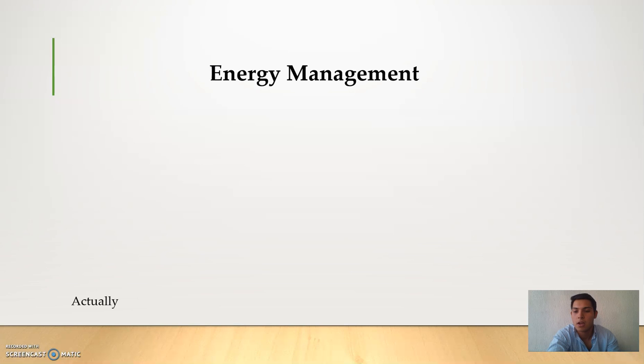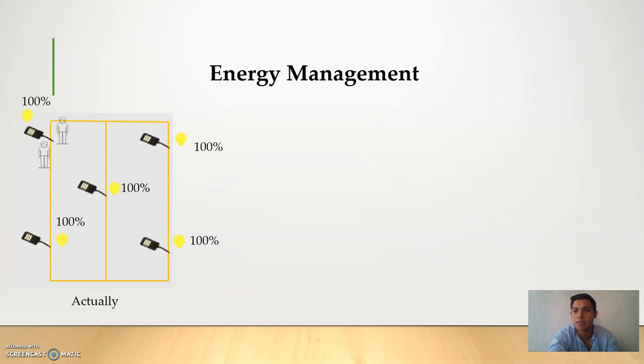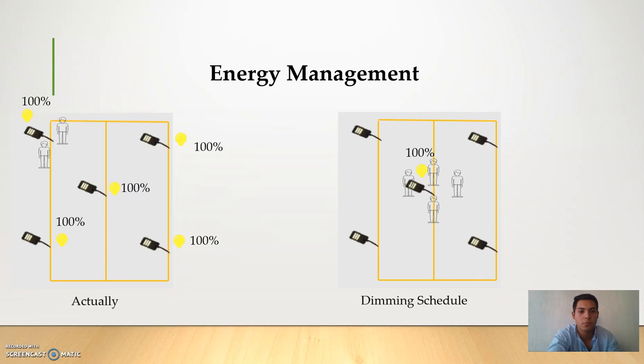So actually, streetlights work like this: all the luminaires at 100%. But using the dimming schedule, the streetlights will operate like this, with some streetlights at 100% and the others reduced to 70%.